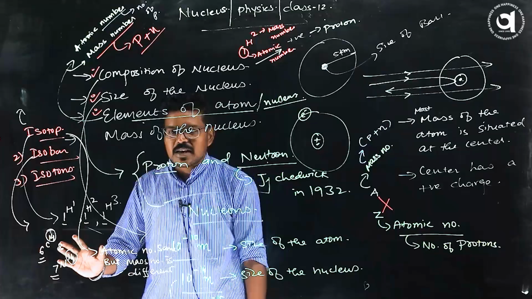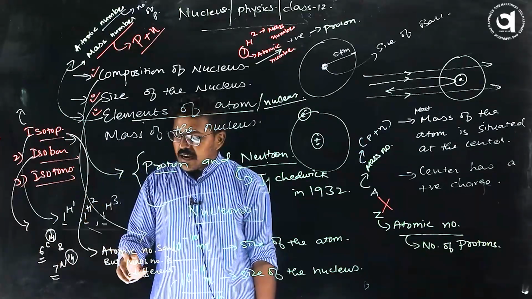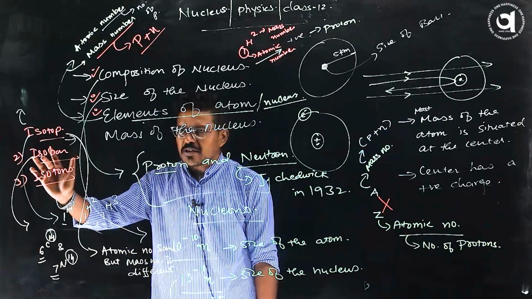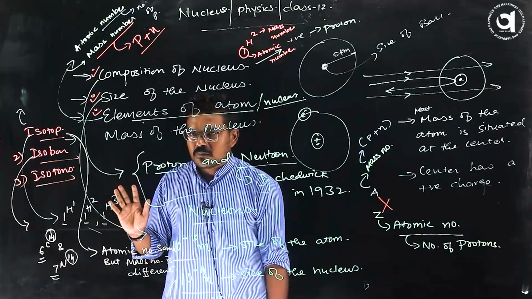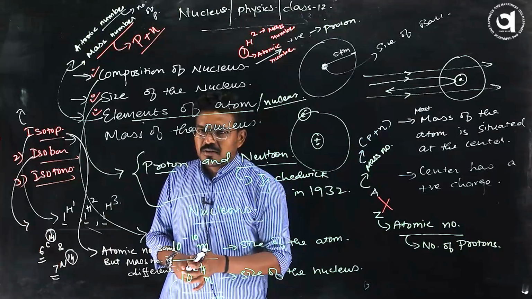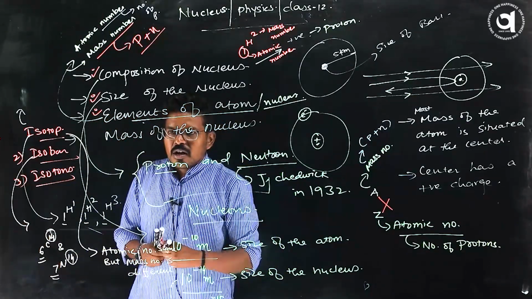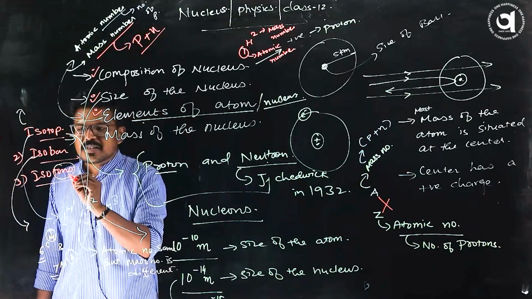I hope it is clear to you all what isotope is. Isotope is where the atomic number is same but mass number is different. But what about isobar? Mass number is same but atomic number is different. Okay. Now the last one. What is isotone? Ton stands for neutron. We have to remember it in this manner.